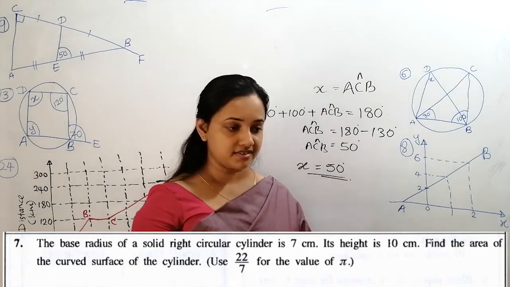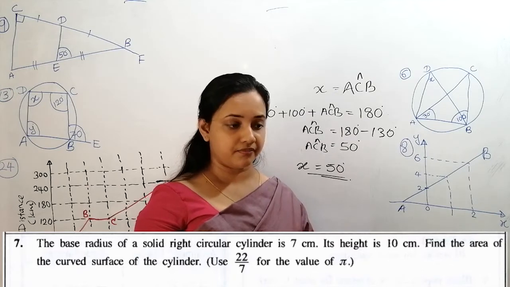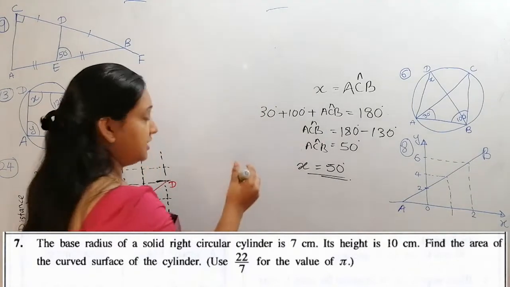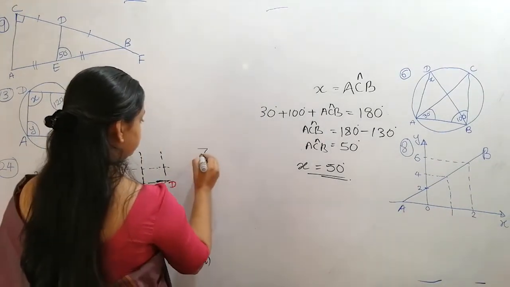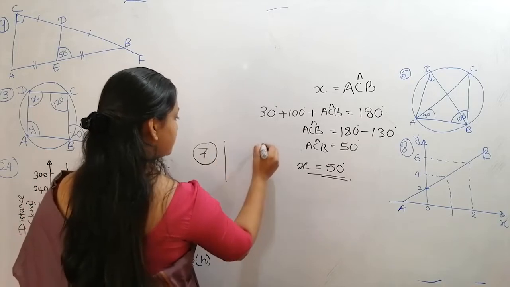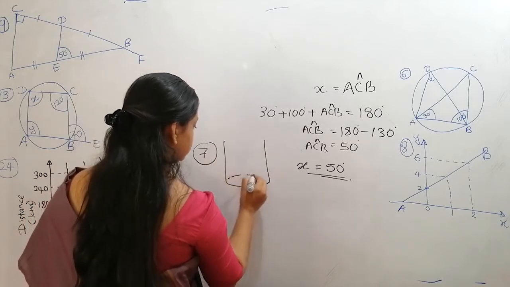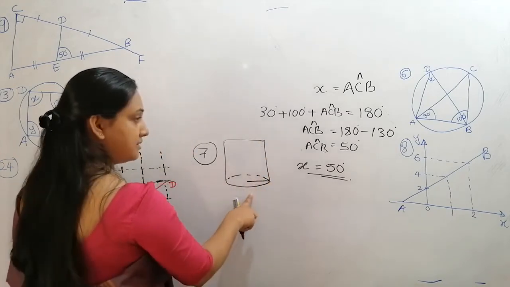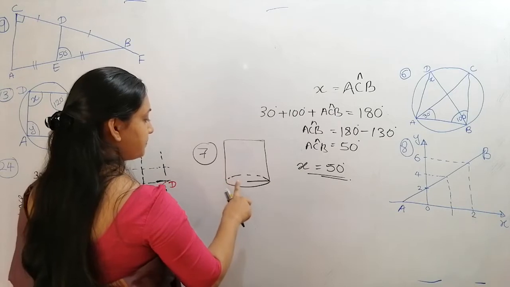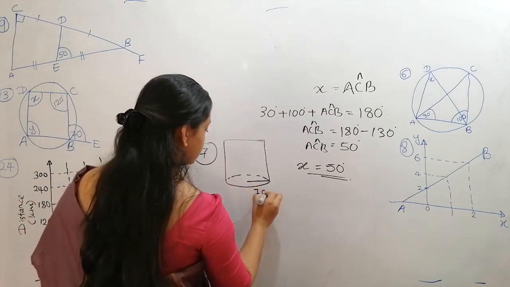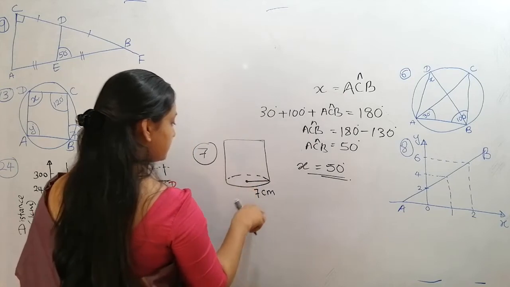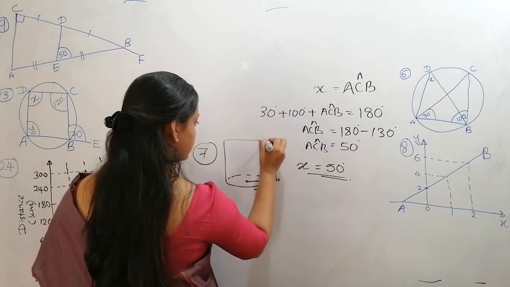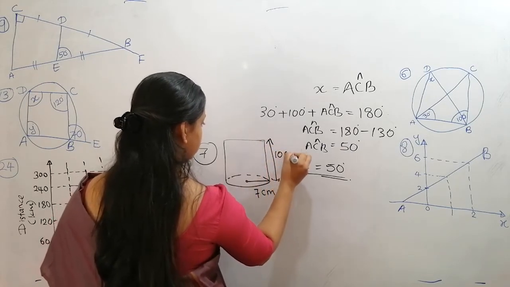Use 22/7 for the value of pi. In question number 7, there is a solid cylinder and the radius of the base circular surface is 7 centimeters. This is the radius of the base. And the height is given as 10 centimeters.